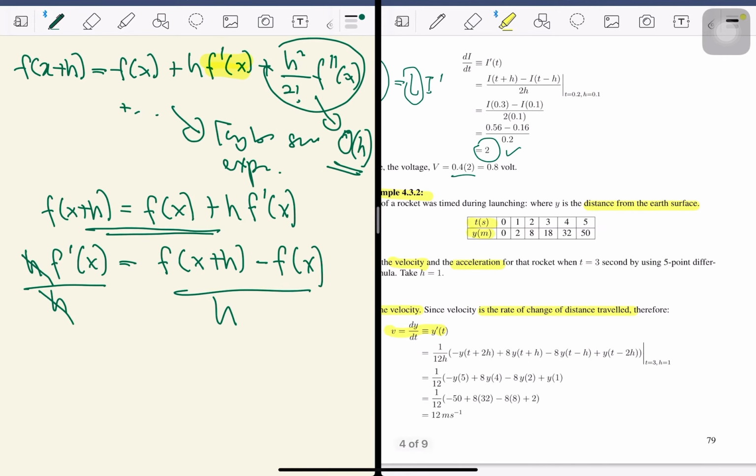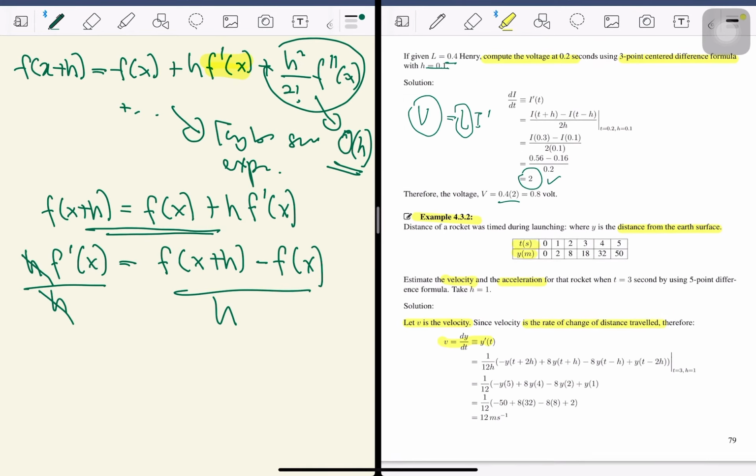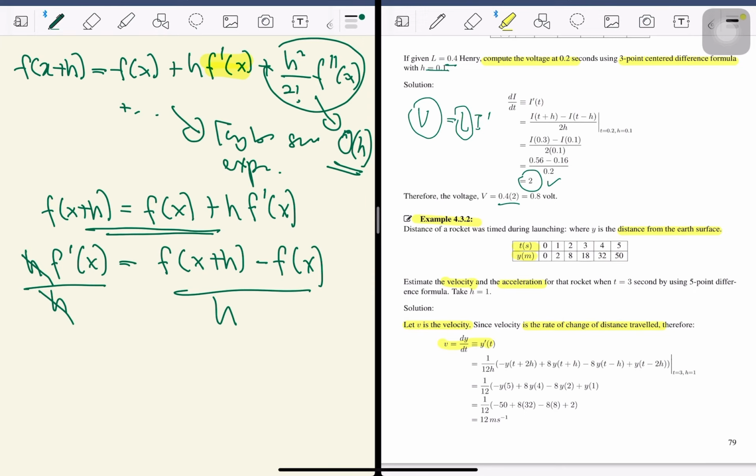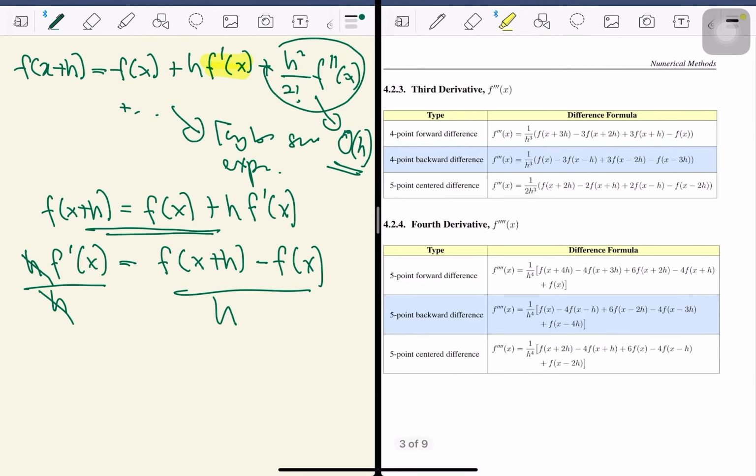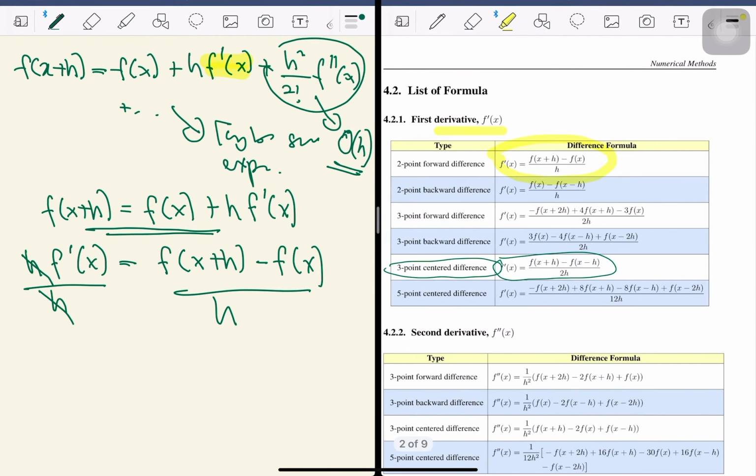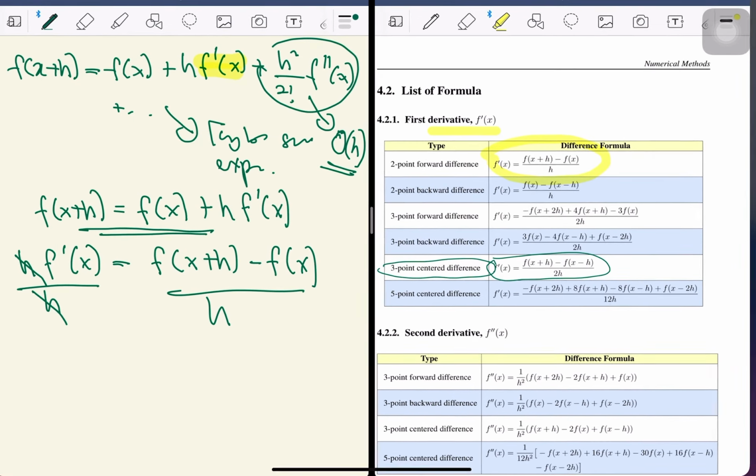The question asks you to estimate the velocity when t equals 3 seconds by using the 5-point difference formula. Take a look back at this one. Because velocity is the first derivative, we're going to make use of this formula now.